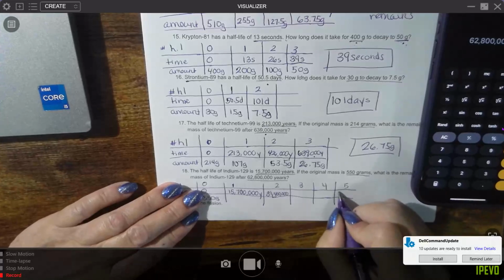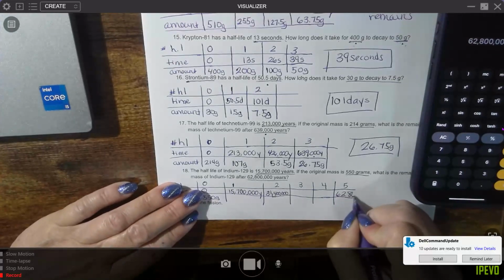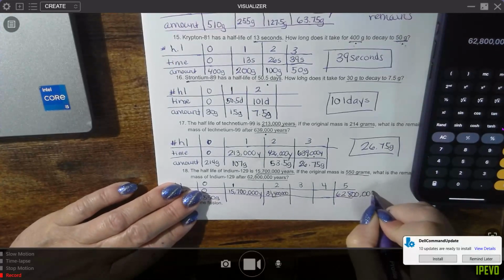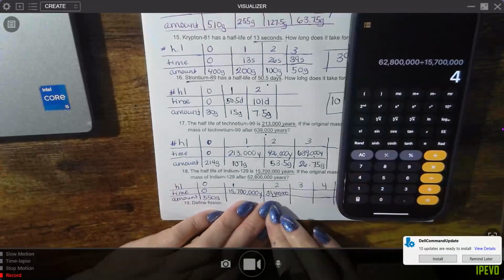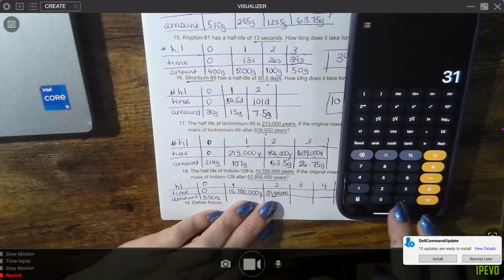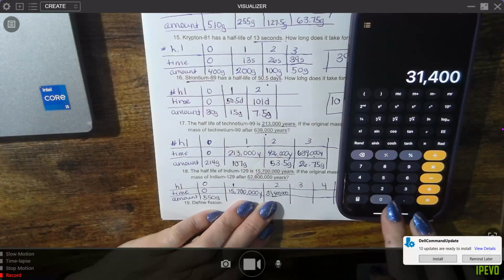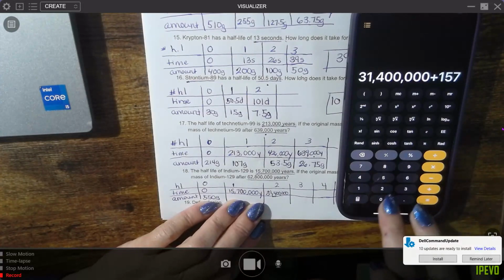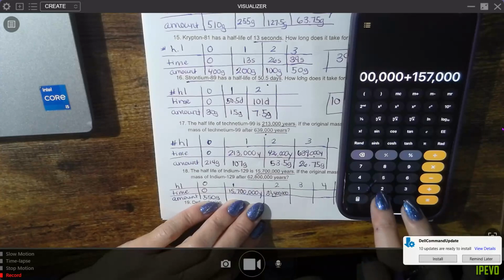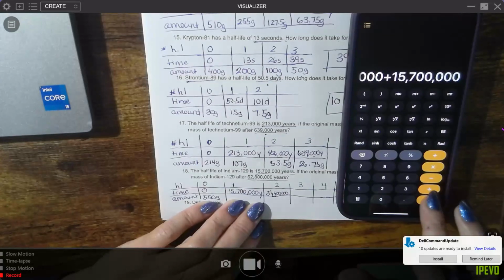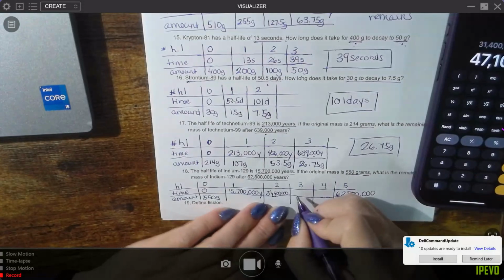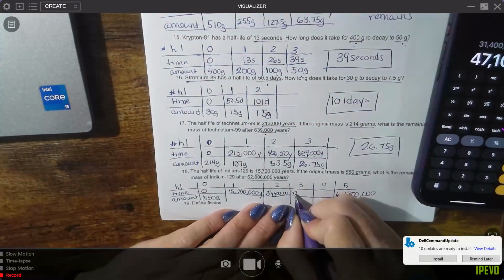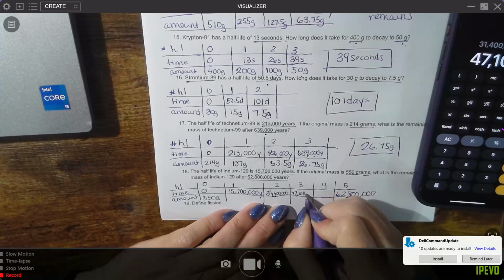I'm going to go ahead and fill out my table anyway. So 31,400,000, and we're going to add another half-life, 15,700,000, which is 47,100,000.